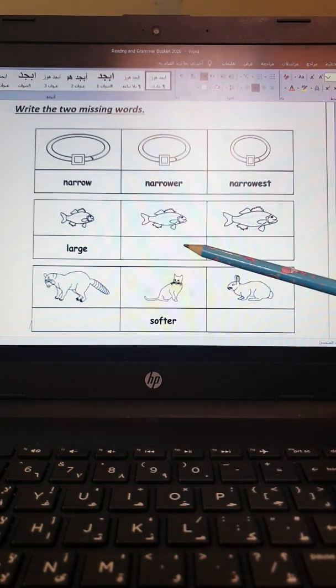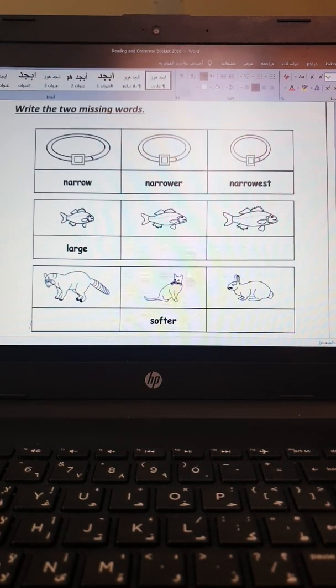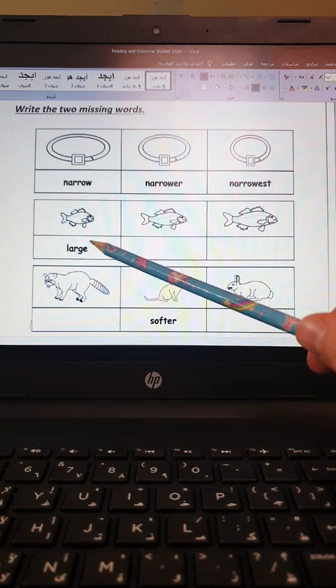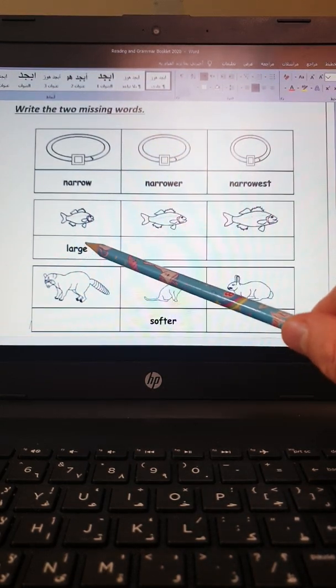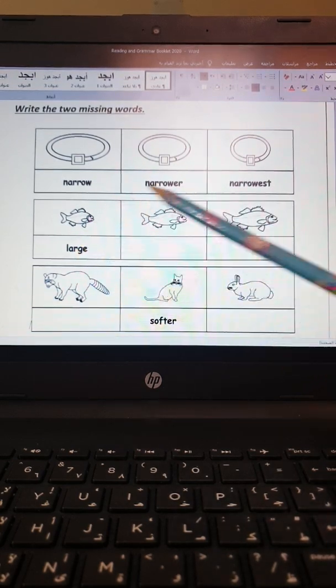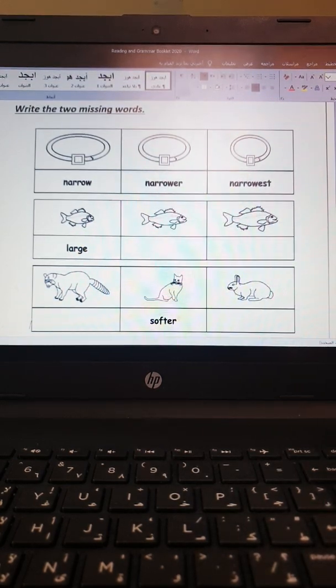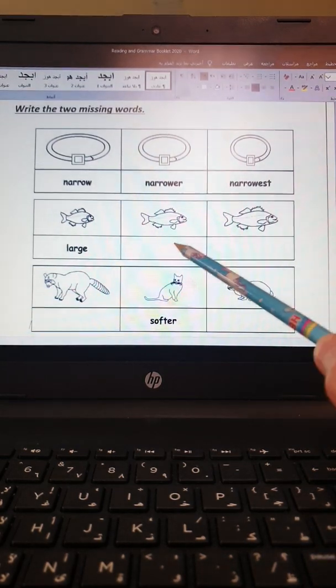Now large, so here I will write what? Larger. So we add er. And here the word large ends with e, so there's no need to add another e to it. Okay, just add r. Largest.